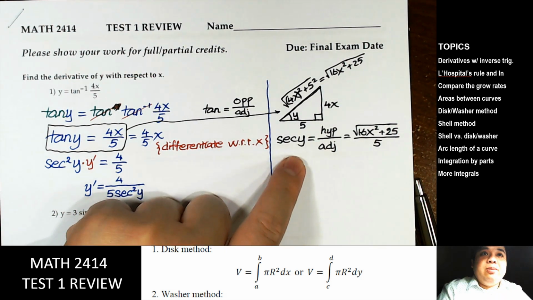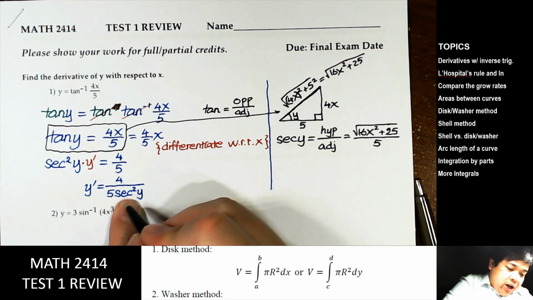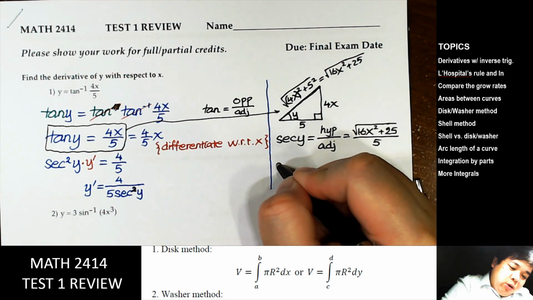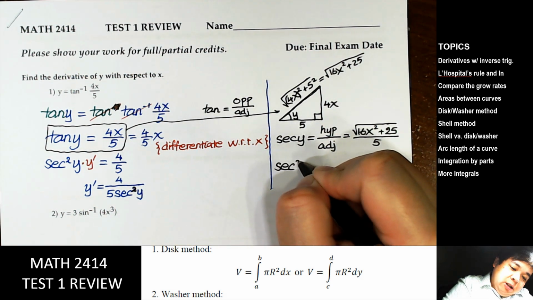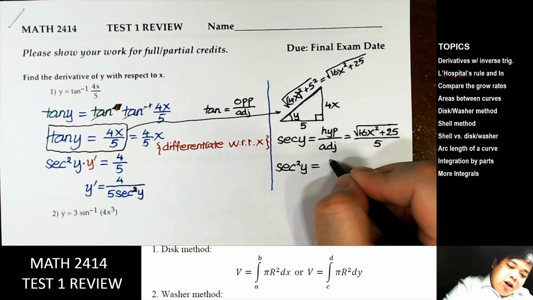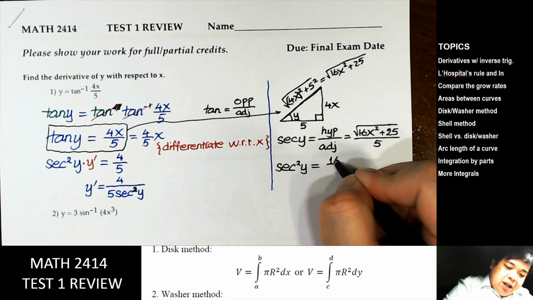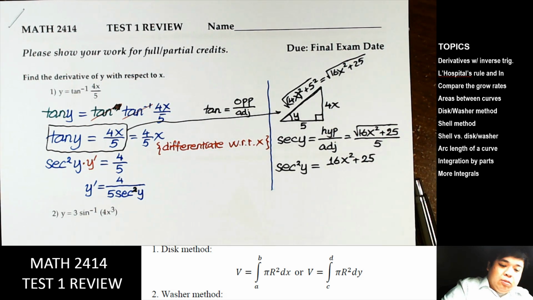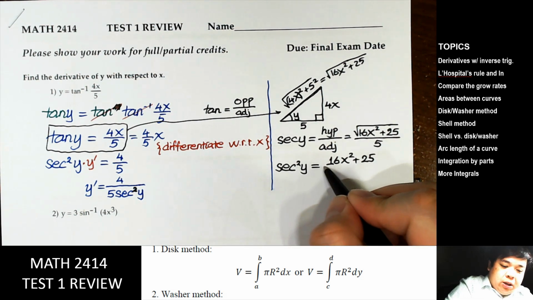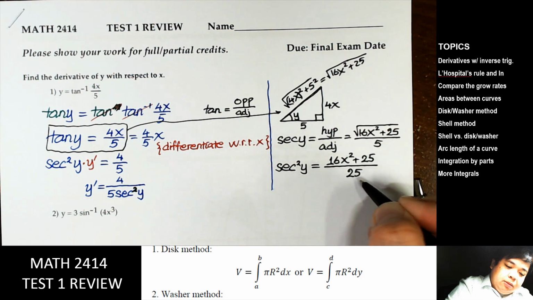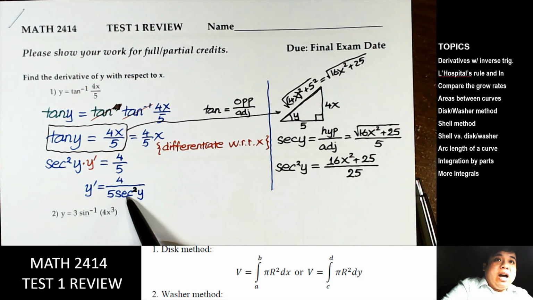So that is secant. We need the secant square though. We have the square root here, so we're going to square both sides. The top will have just 16x squared plus 25, since the square cancels the square root. At the bottom, 5 squared will be 25. And we're going to substitute that in here.